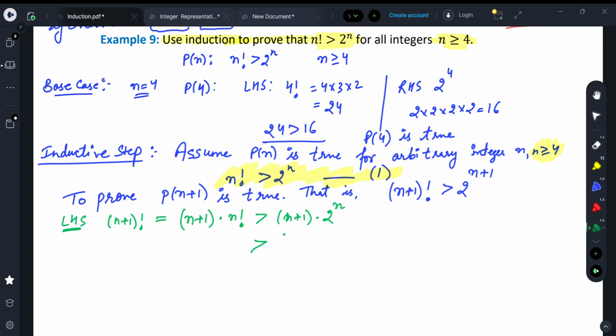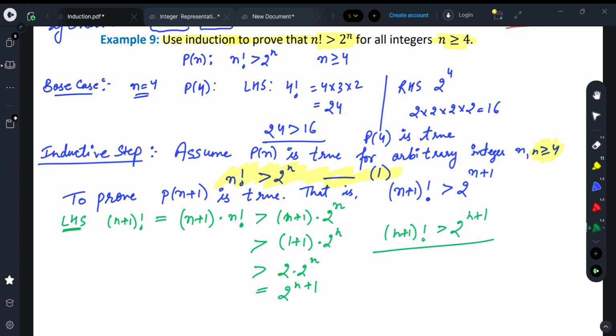So if I replace it with 1, it will still work, right? Because n is 4 or more. So I'm just replacing it with 1. Definitely going to be bigger. So I just proved that this is 2 times 2 to the power n, which is nothing but 2 to the power n plus 1. So I proved that n plus 1 factorial is greater than 2 to the power n plus 1.